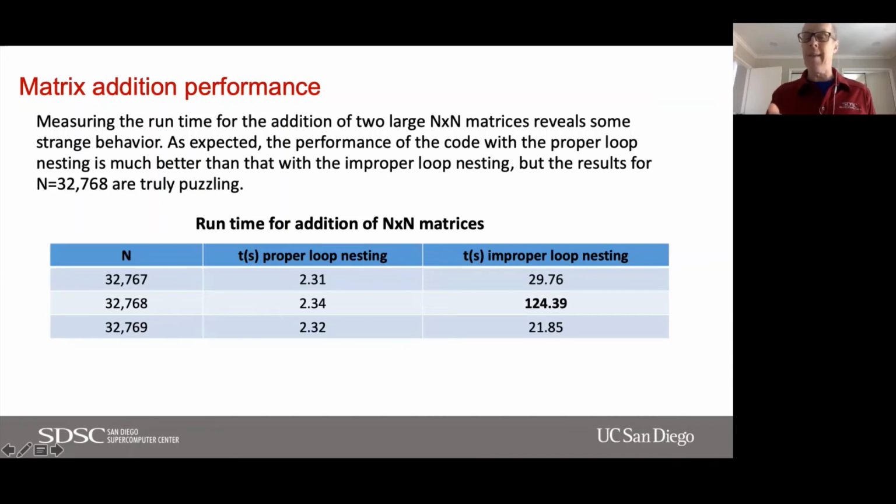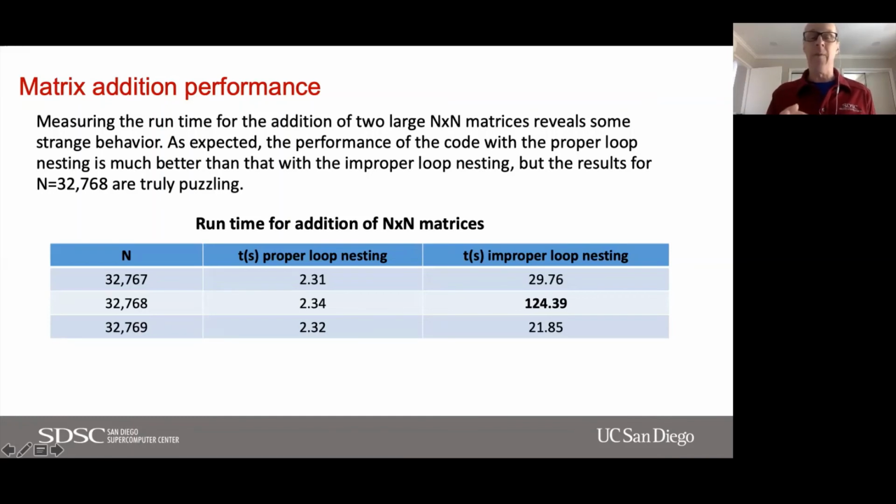When you do this experiment on your own on Expanse, you'll probably want to grab an entire node because this is going to use a lot of memory. I have a table here showing the runtime for the addition of these n by n matrices, roughly 32,000 by 32,000, when I use proper loop nesting and improper loop nesting.